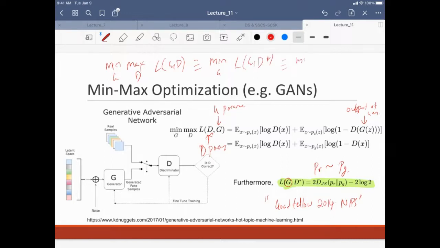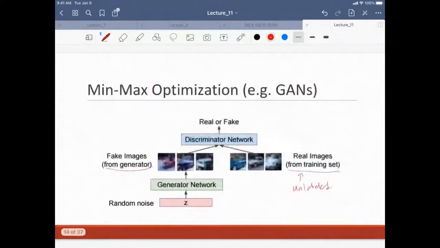Which is nothing but minimizing over G the Jensen-Shannon divergence of P_R and P_G, right? So this is basically the function on G, right? This is the quantity, just that this cannot be done directly, right? Yeah, so from that perspective, I think that's right.